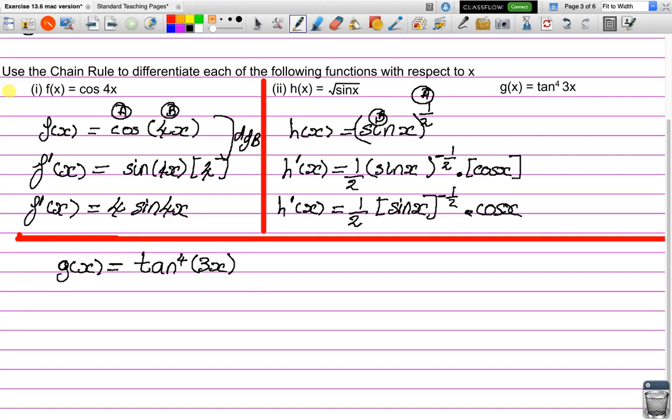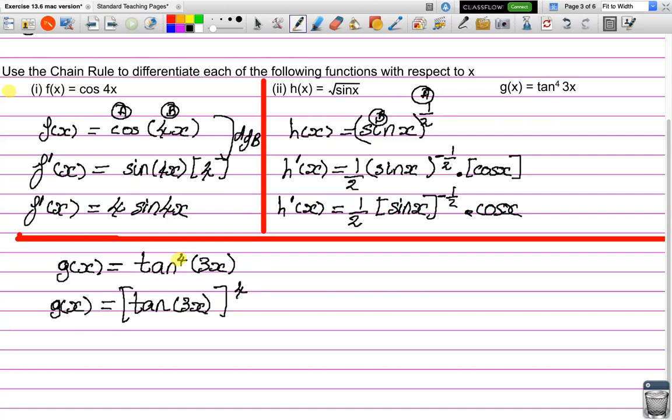Now this is a bit of a trick question, because you've got to remember that when we write powers of 4 like this in trigonometry, it's actually an incorrect way of writing it. We only write it like that for convenience. And when you actually type it into a calculator, you've got to type it in like this. Brackets round the tan and power of 4 at the top.